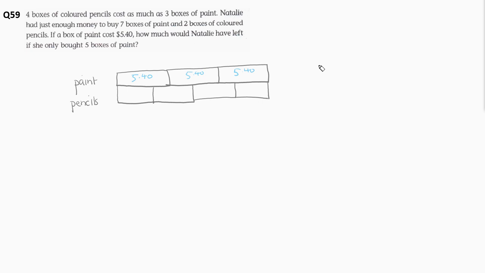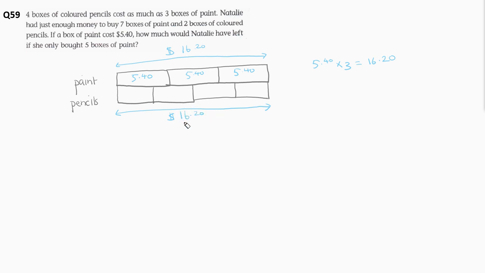So we can see that if we multiply that by 3, which is 16.20, we are going to get the cost of this. Okay, there we go. That is 16.20. Now, if this is 16.20, this whole thing, of course, so is this. All right. This is 16.20.